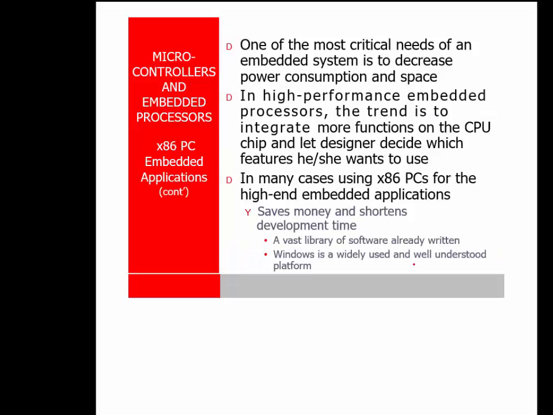So, again, this gets into the whole discussion of why we use them. The most critical need is to decrease power consumption and space. High performance embedded systems integrate more functions in the CPU, but let you decide which ones.